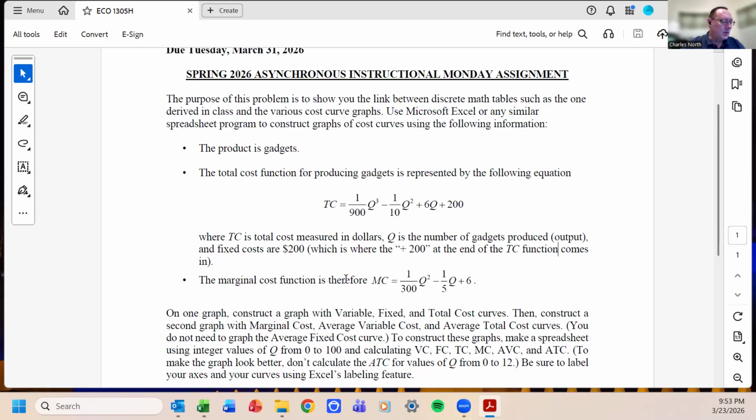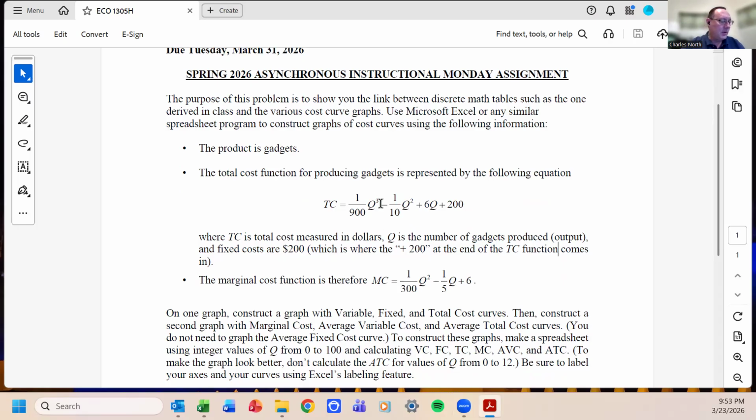Further, for those of you who remember some calculus, you'll see that the first derivative of this function is given by this quadratic polynomial. So the marginal cost is the derivative of the total cost function.